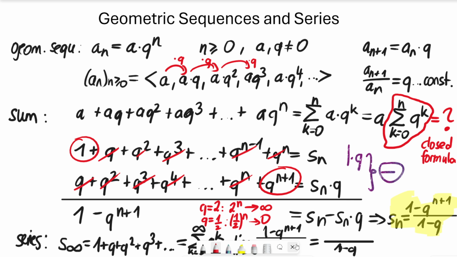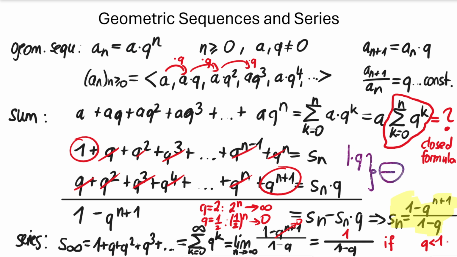So this means we need to generalize and give a condition for this q. When does this tend to 0 only? So I write it like this. This tends to 0 only if the absolute value of q is less than 1. Because if it is 1, 1 to the power of n is still 1, and we are not really interested in the geometric sequence q equals 1 because it's always constant.